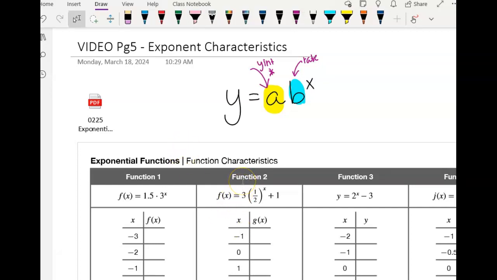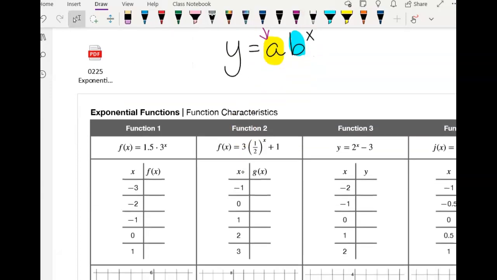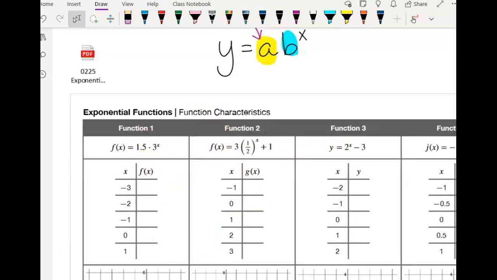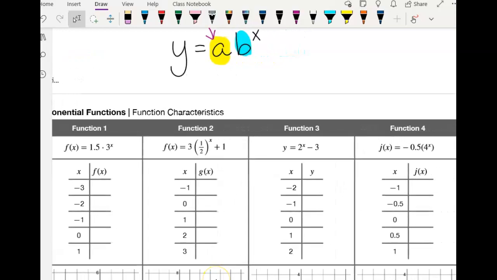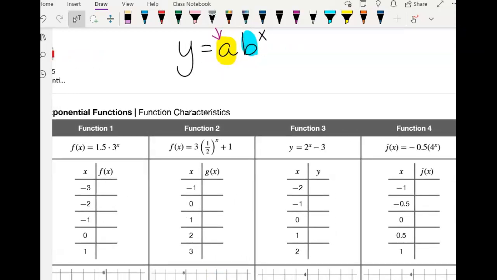And also how we go about looking at these functions. As you take a look at functions 1 through 5 here, you should notice which ones are a little bit different than the others. Look at function 2 and function 3.